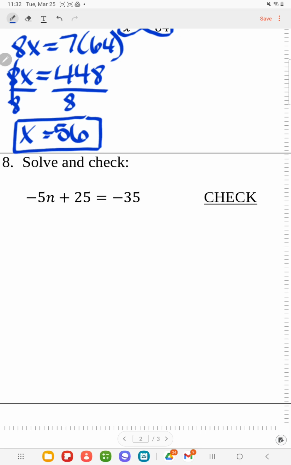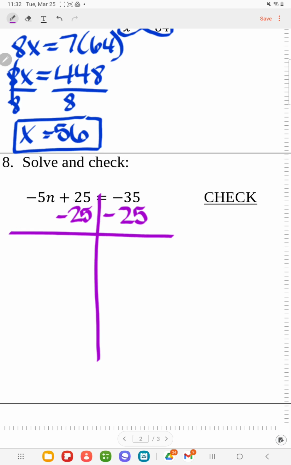Number 8, solve and check. We're going to start by putting a line through the equal sign here. Moving over the 25, remember we undo addition and subtraction first, so minus 25 from both sides. That's negative 60. Make sure you're putting this in your calculator. There are 2 negative signs here, so it's negative 35 minus 25, which is going to get you a bigger negative number. This negative 5n is going to come on down.